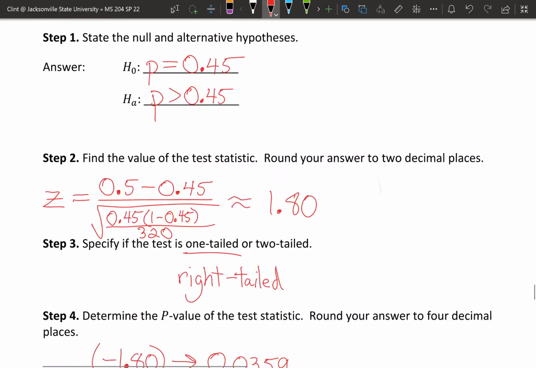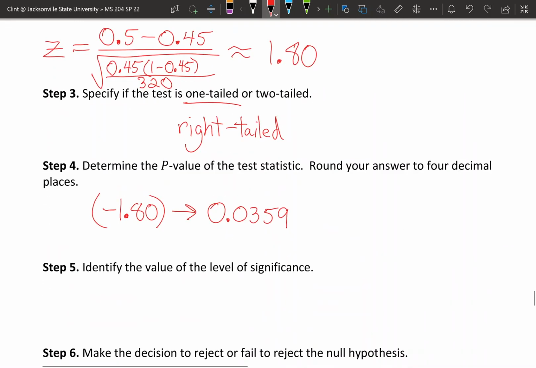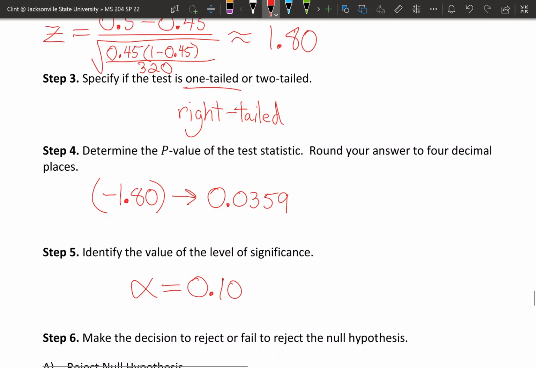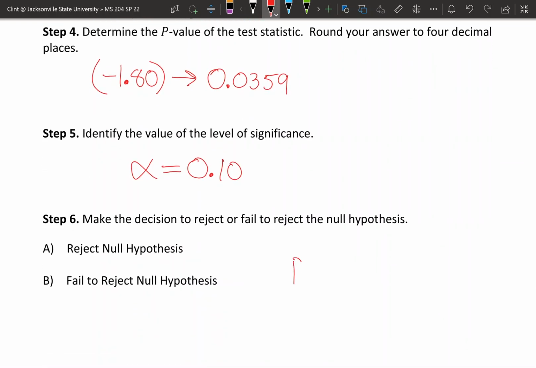Our level of significance, what was it? It was 0.1 or 0.10, however you want to write it. So here again, our p-value is smaller than alpha. We reject the null hypothesis.